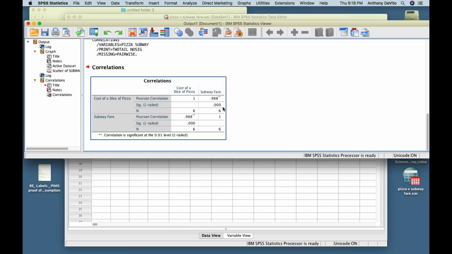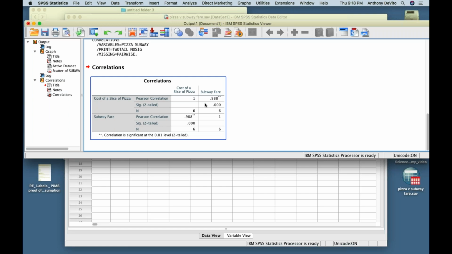So if my p-value is less than 0.05, I can reject my null hypothesis and accept my alternative hypothesis that there is an association between the price of pizza and the price of Subway fare, with less than 5% chance of being wrong, causing an alpha error.